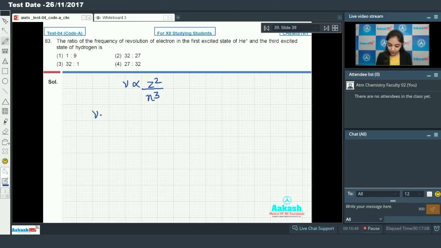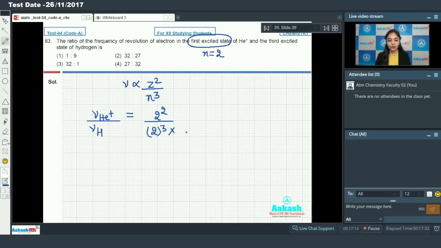Now we have to calculate the ratio for helium plus and for hydrogen. For helium plus, z is equal to 2, so it will be 2 square divided by n cube. For helium plus we have been asked for the first excited state, so n is equal to 2. So here it will be 2 cube.